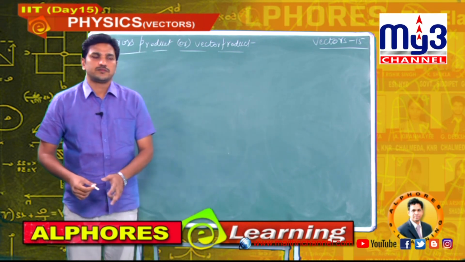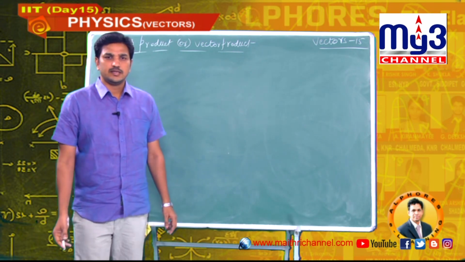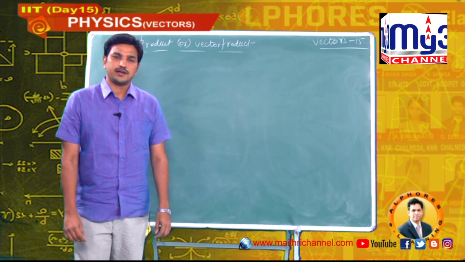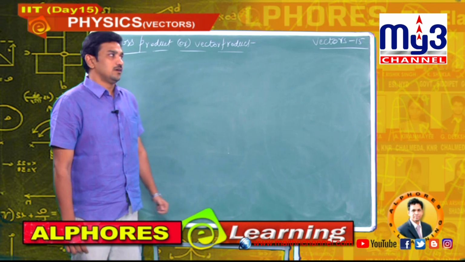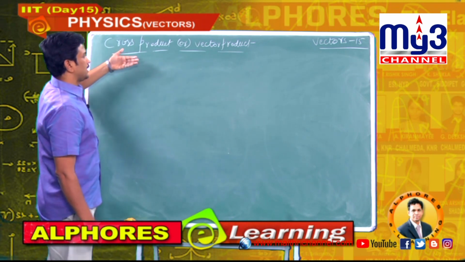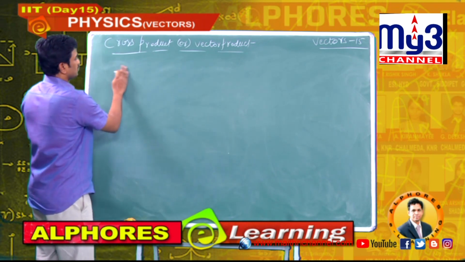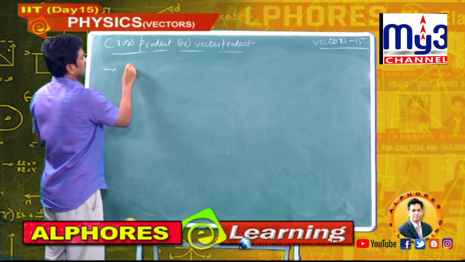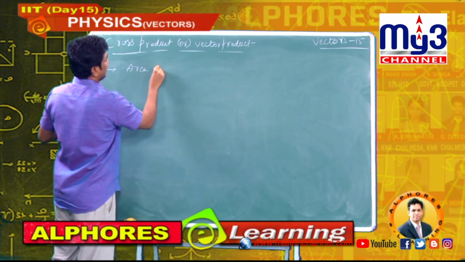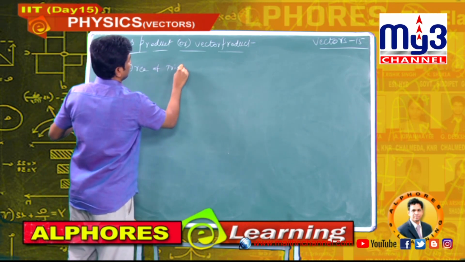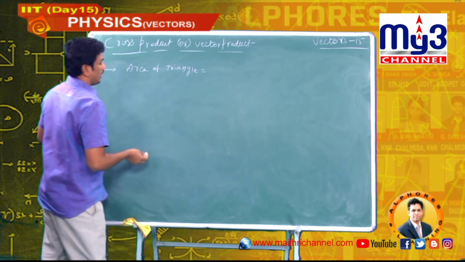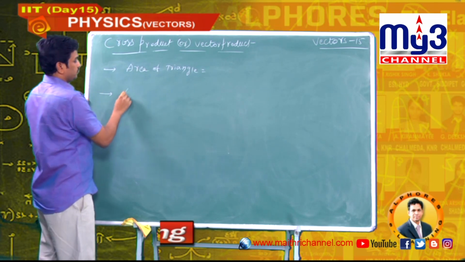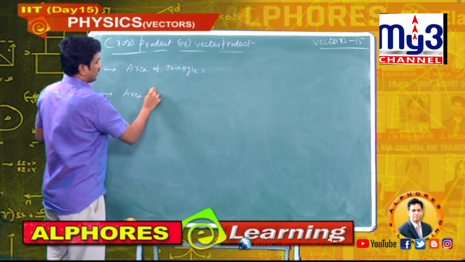One more thing: how to find the area of a triangle or the area of a parallelogram by using the cross product. Those are applications of the cross product. We can find the area of a triangle by using the cross product, and one more, we can trace out the area of a parallelogram.